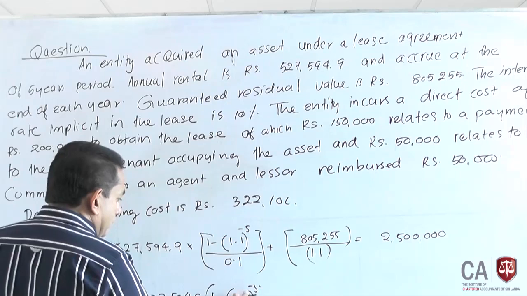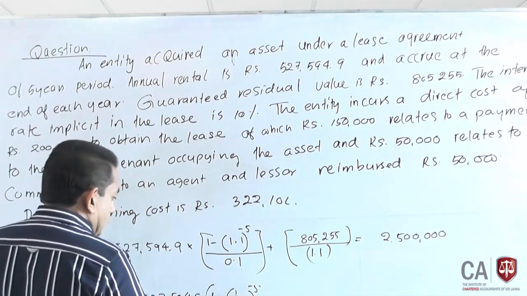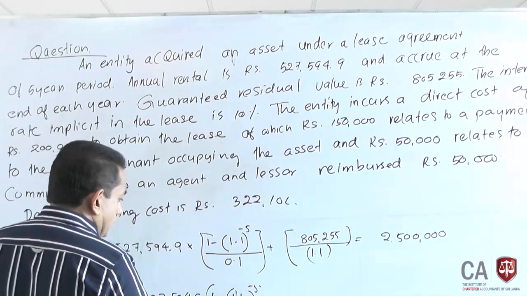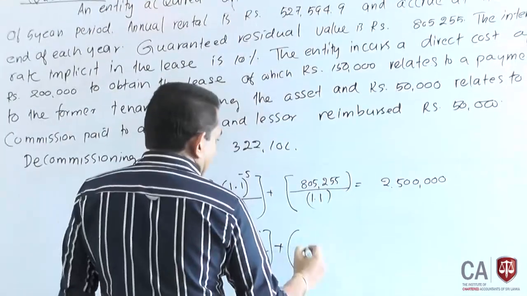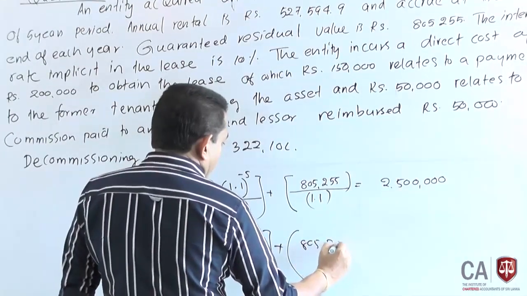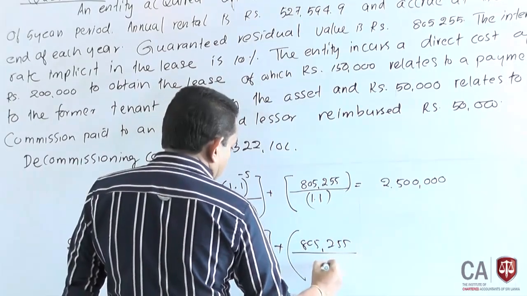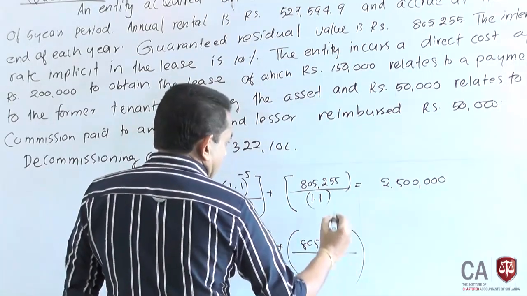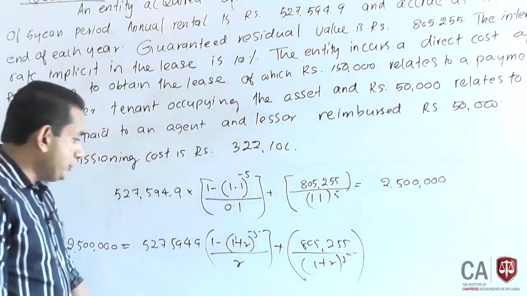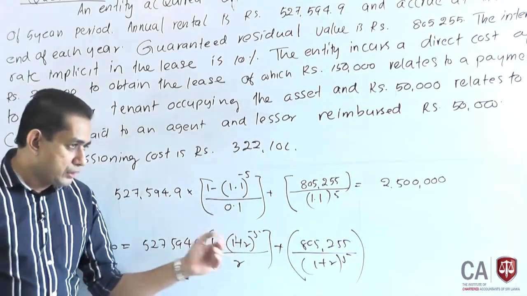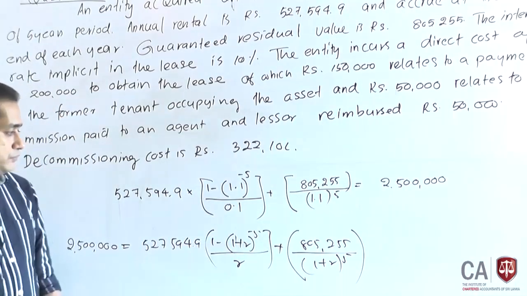I made a mistake. This is 1 minus (1 plus r) to the power minus 5, divided by r, plus 805,255 divided by (1 plus r) to the power 5. And you need to simplify this formula to find out what r should be.